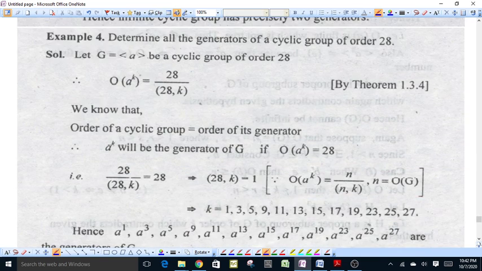Now, see this example. Determine all the generators of a cyclic group of order 18. Suppose G generated by a is a cyclic group of order 18. Therefore, the order of a raised to power k will be equal to the order of G upon GCD of 18 and k.